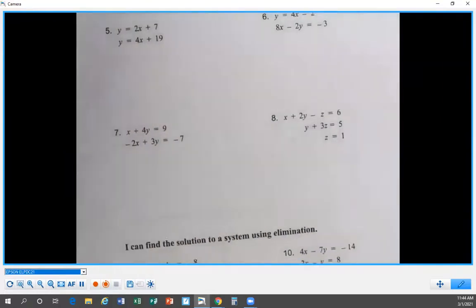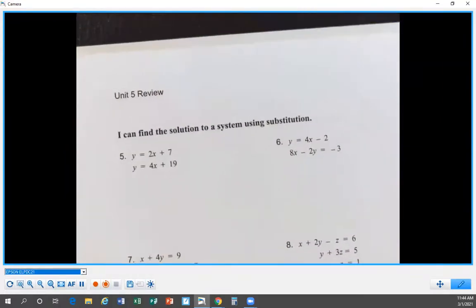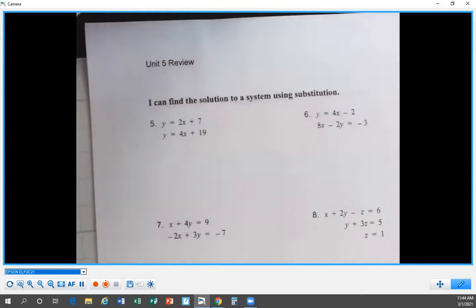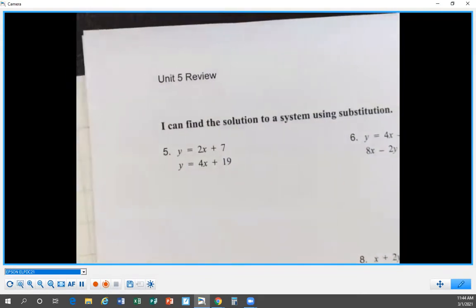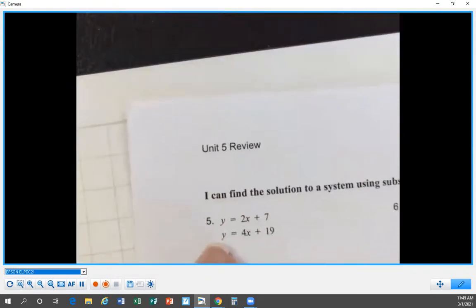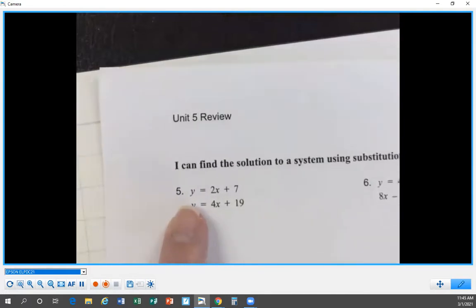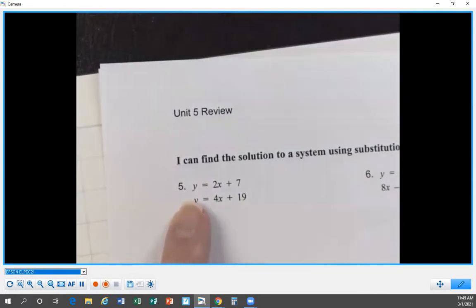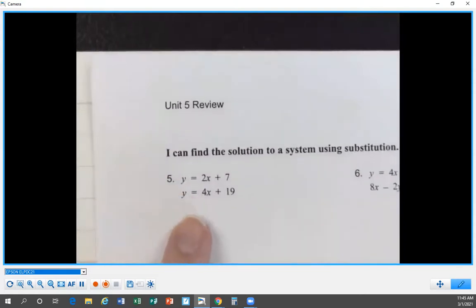All right, so on the next page we're looking at solving systems of equations using substitution. Number 5, when I look at these, they're both set up to equal y. So if they're both equal to y, they're both equal to each other, and we can use simple substitution to solve this very conveniently.